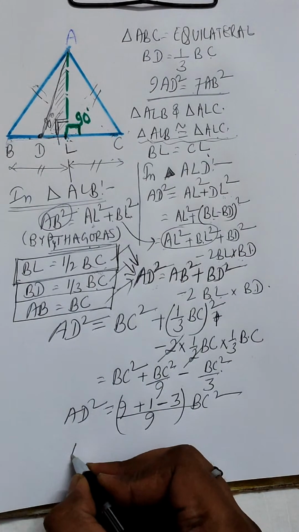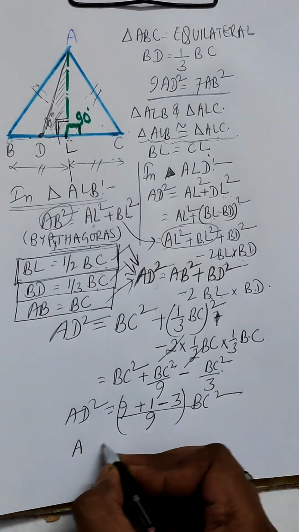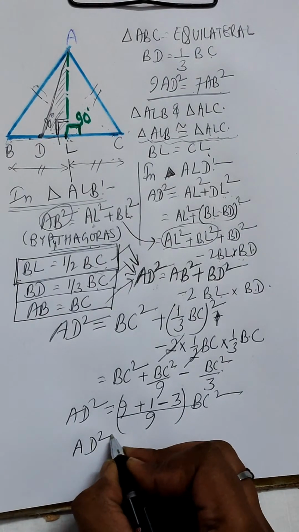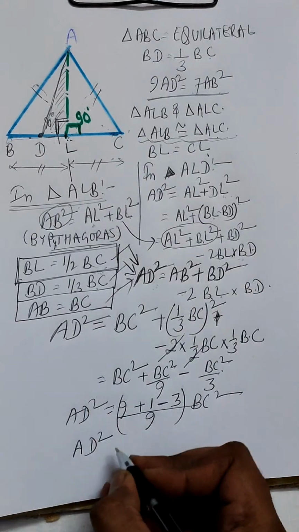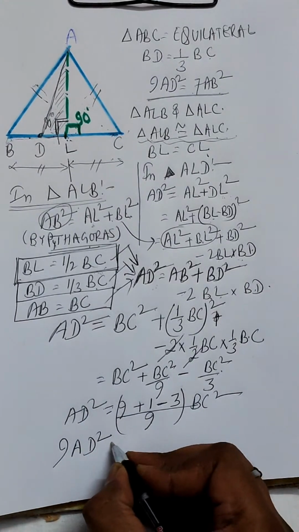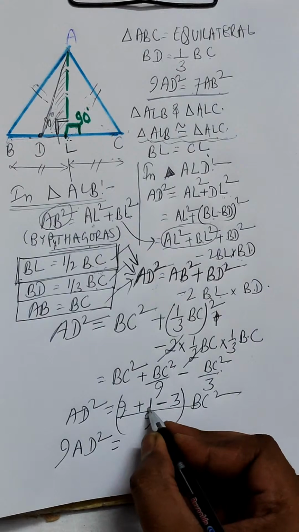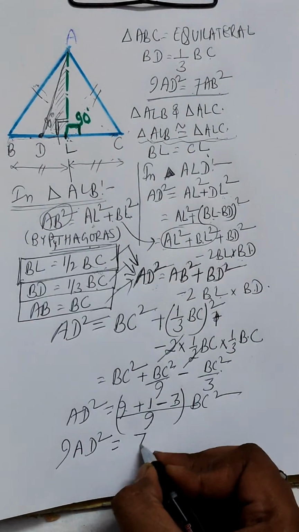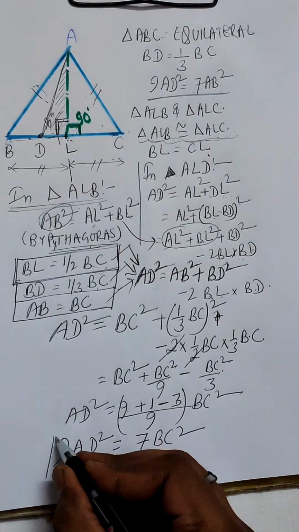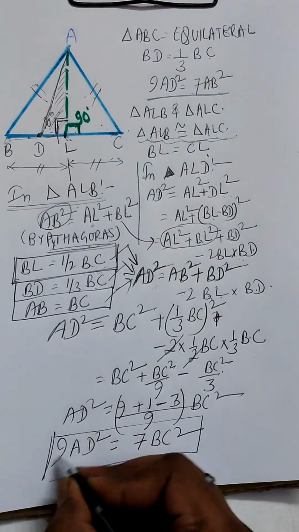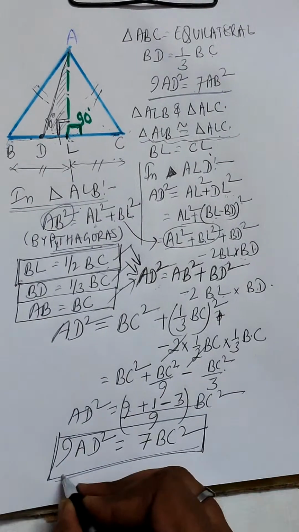So 9 will be going into the LHS, so it will be 9 AD square equal to 9 plus 1, 10, 10 minus 3, it's 7, equal to 7 BC square, right? So 9 AD square equal to 7 BC square. This is proved over here, right?